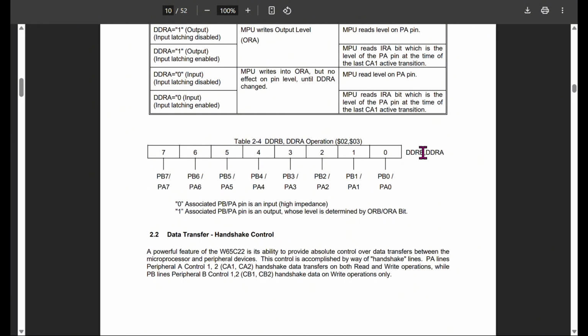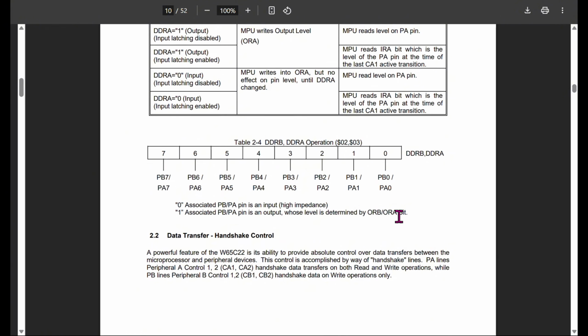So, for example, if I sent the address 3 and the number 00000000, then it would set all of port A to be an input. And if I sent to address 2 and sent 11111111, then it would set all of port B to be an output.